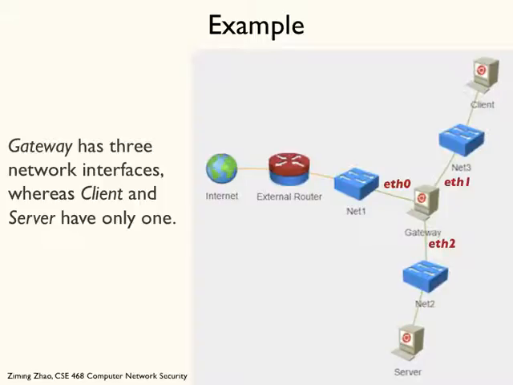So what you did is you wanted to enable internet for the client and the server. So the gateway, let's assume it is connected to the internet through this Ethernet 0, and Ethernet 1 connects to the client, and Ethernet interface 2 connects to the server.